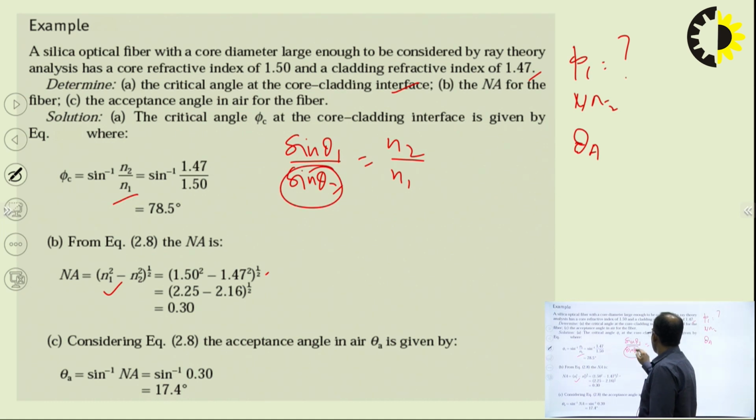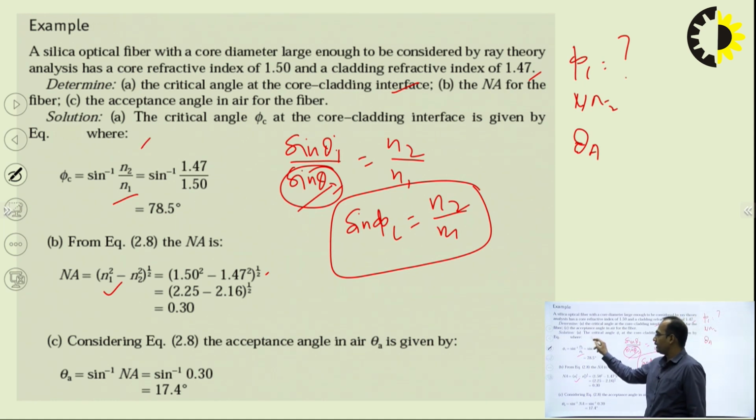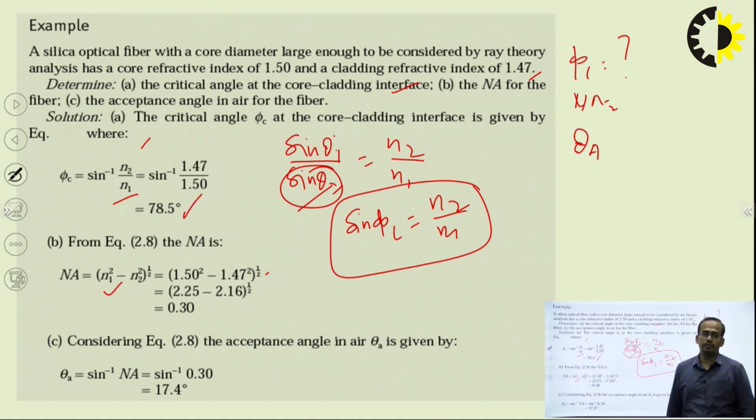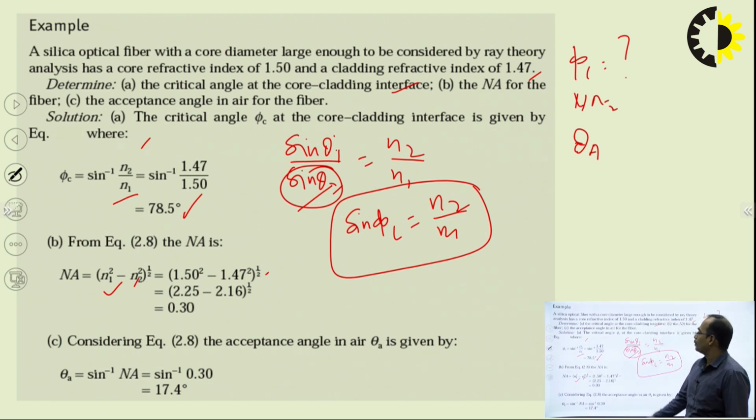If this becomes 90, then theta 1 becomes phi c. So sine phi c will be equal to n2 by n1. After calculating, you can find this value using a calculator. The numerical aperture is given by under root n1 square minus n2 square, and n1 and n2 are given to you.